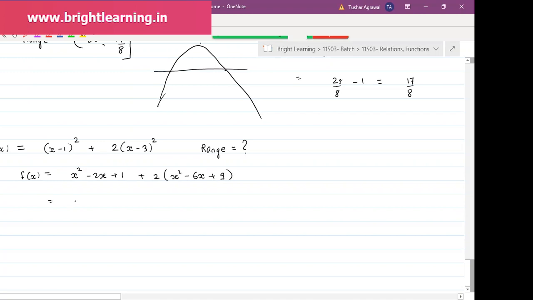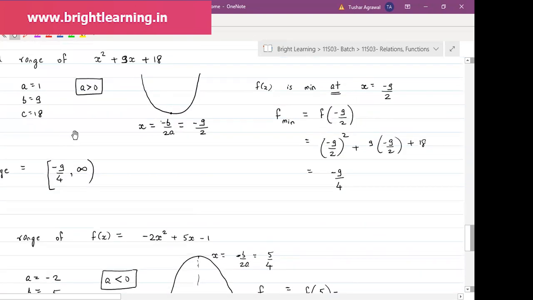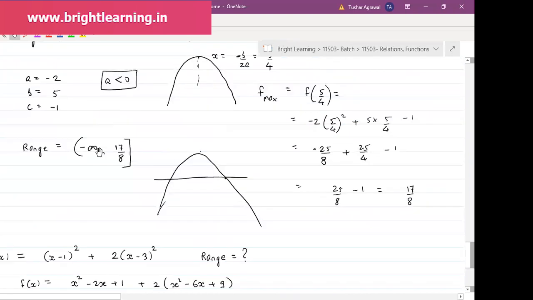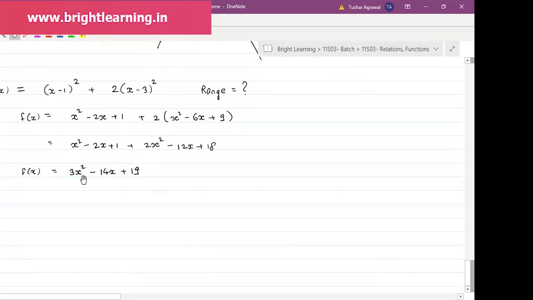So this is x square minus 2x plus 1 plus 2x square minus 12x plus 18. So my f of x is actually what? My f of x is 3x square minus 14x plus 19. So this sum is now the same as the previous sums. Range of a quadratic. Now this can be solved.